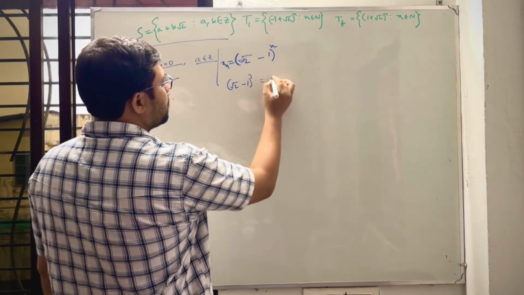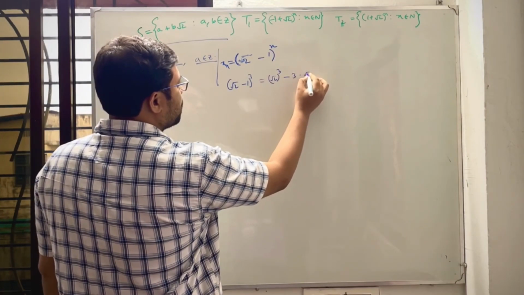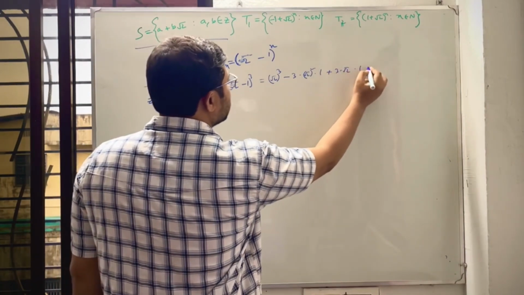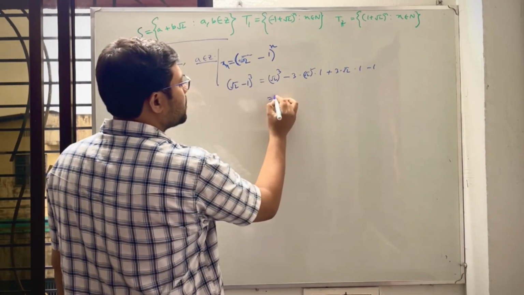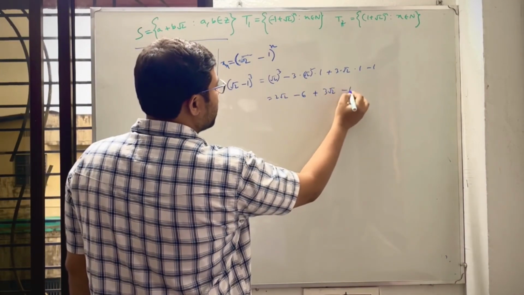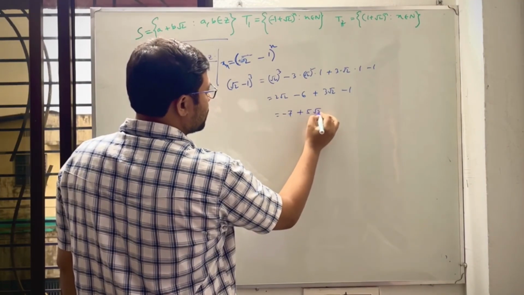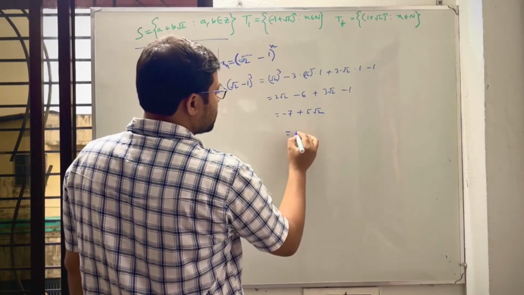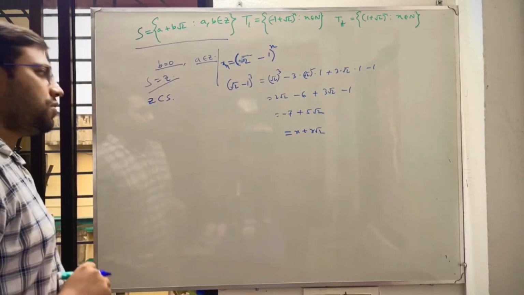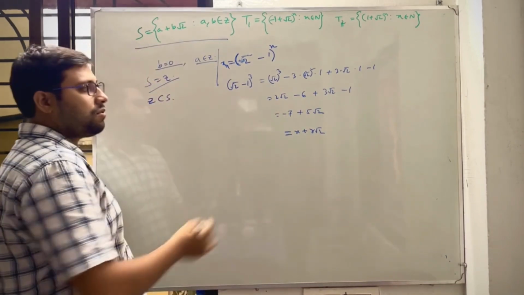Then it becomes root 2 whole cube minus 3 root 2 whole square into 1 plus 3 root 2 into 1 minus 1, that is 2 root 2 minus 6 plus 3 root 2 minus 1, that is minus 7 plus 5 root 2, which is of the form x plus y root 2, that is of the form a plus b root 2, and x is minus 7 and y is plus 5.